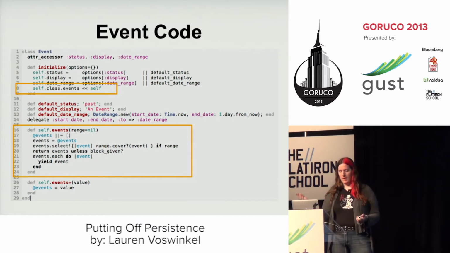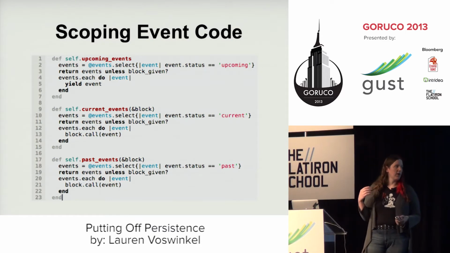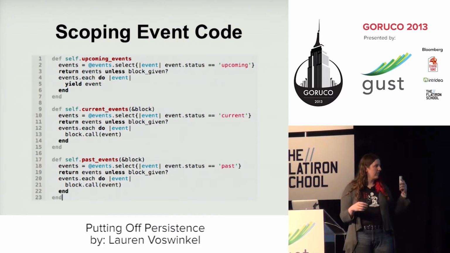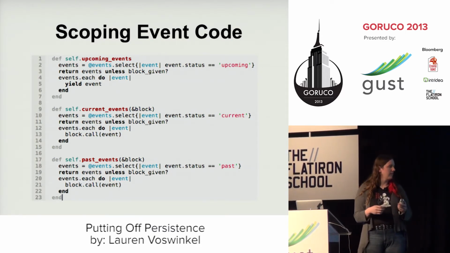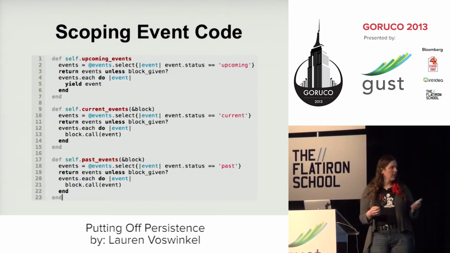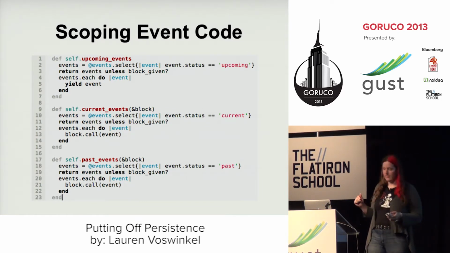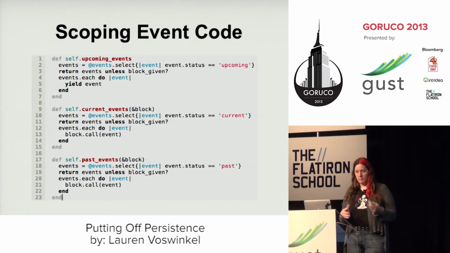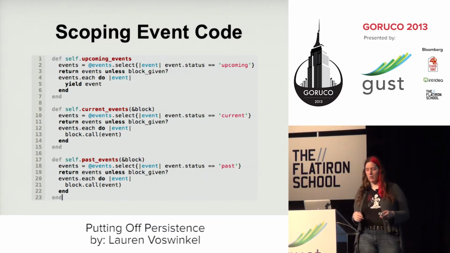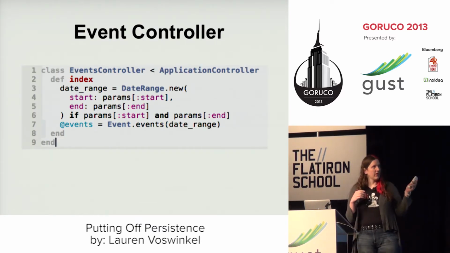And then I pulled out the scoping methods, upcoming, current, and past events, into this class, and really nothing changed at that point. So it's using the same class level instance variable, and just interacting with it how it normally did otherwise. So here's where the big change happens.